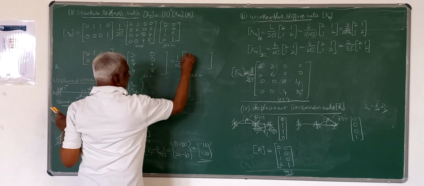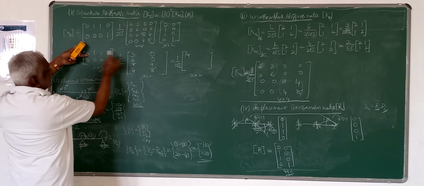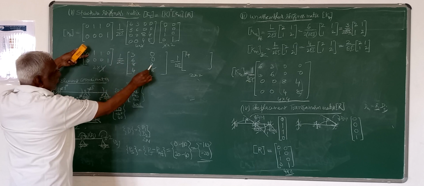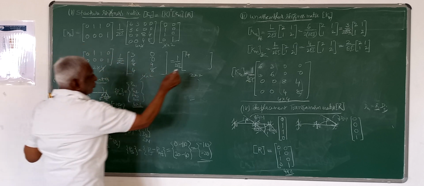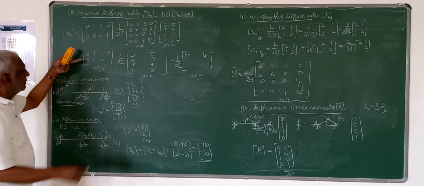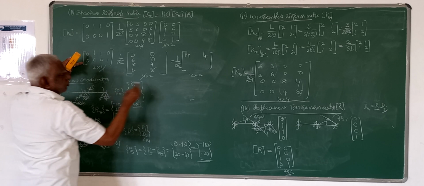This is 0, so that is 14. Next, second column, 1, 0, 1, 0, 1 into 4, 4, 0, 4. Next, second column, 0, 0, 0, 1 into 4, 4.